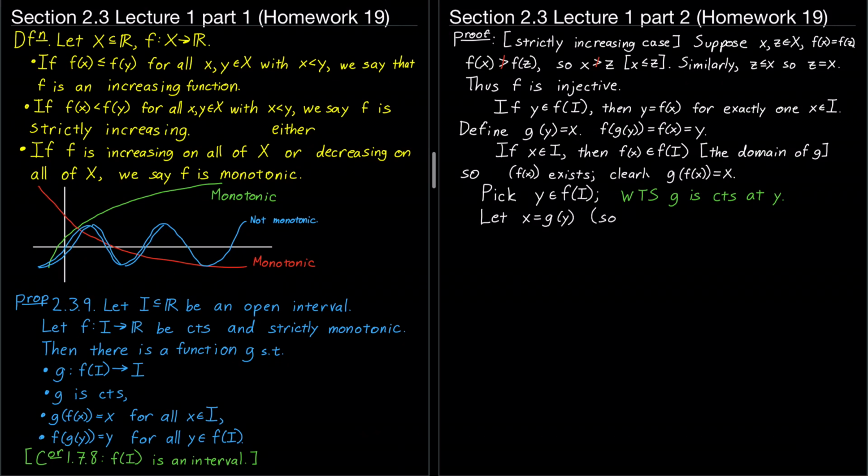So remember, that means that f of x is equal to y. And now we're going to pick an epsilon greater than 0 and we're going to show that g is continuous at y using theorem 1.7.5, using the epsilon-delta characterization of continuity. You can do this using the convergent sequence definition of continuity too, but it's more annoying, so we're going to use epsilons and deltas.